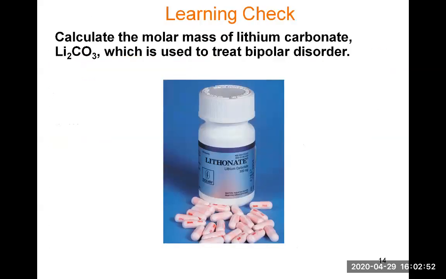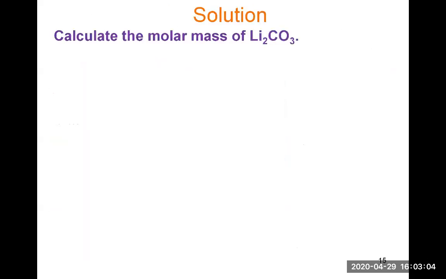So let's practice by calculating the molar mass of lithium carbonate, Li2CO3, which is used to treat bipolar disorder. So we have this formula, Li2CO3. You will want to gather the molar masses of Li, which is lithium, and carbon, and oxygen.